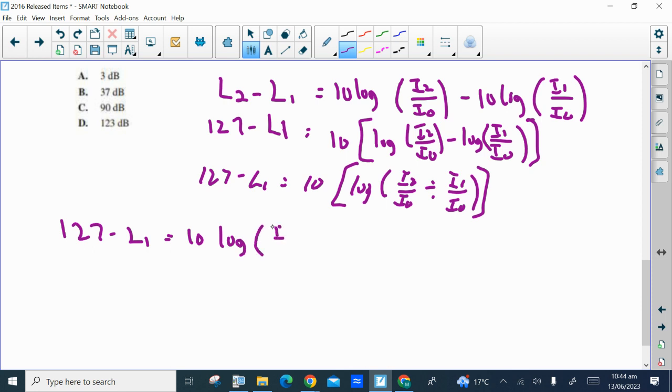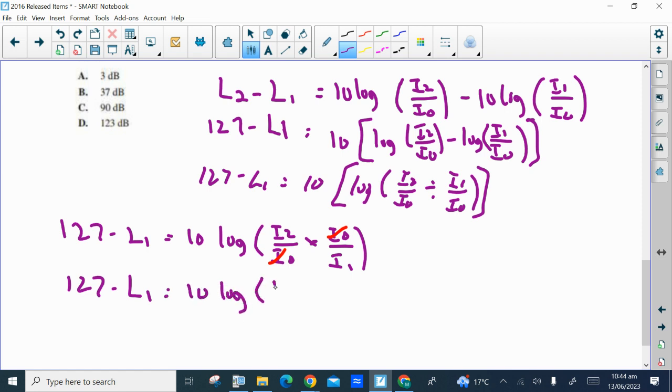So it'll be I sub 2 over I sub 0 times I sub 0 over I sub 1, and the I sub 0s will cancel. So we have 127 minus L sub 1 equals 10 times the log of I sub 2 over I sub 1.